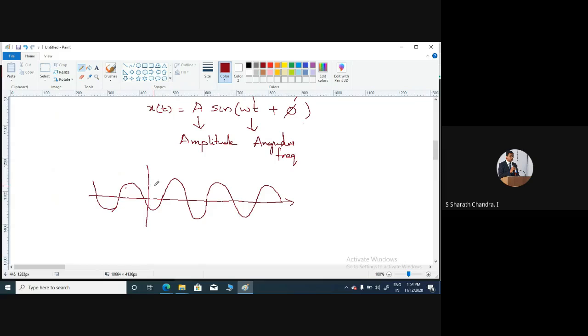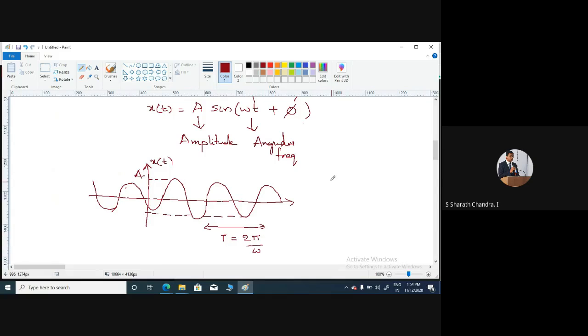Let us consider this is our sinusoidal signal which is represented as x of t, and you could see here the amplitude of the signal is A. Similarly, if we consider the time period of the signal, that is for a full cycle, we could see that T is equal to 2 pi by omega.